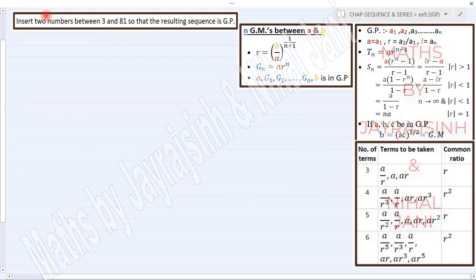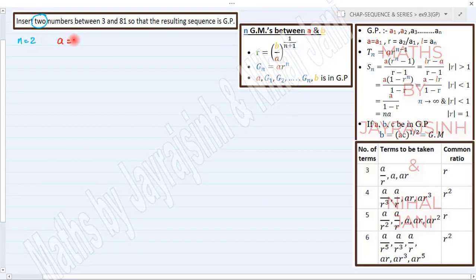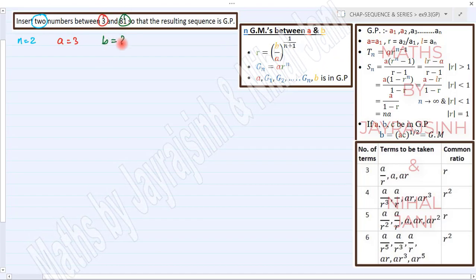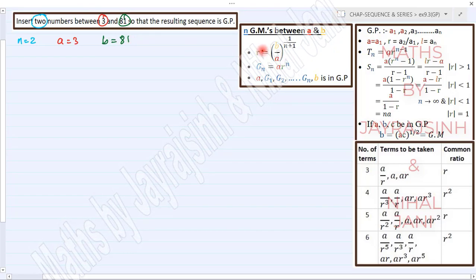In this question, we have to insert two numbers between a equal to 3 and b equal to 81, so that the resultant sequence must be a GP.